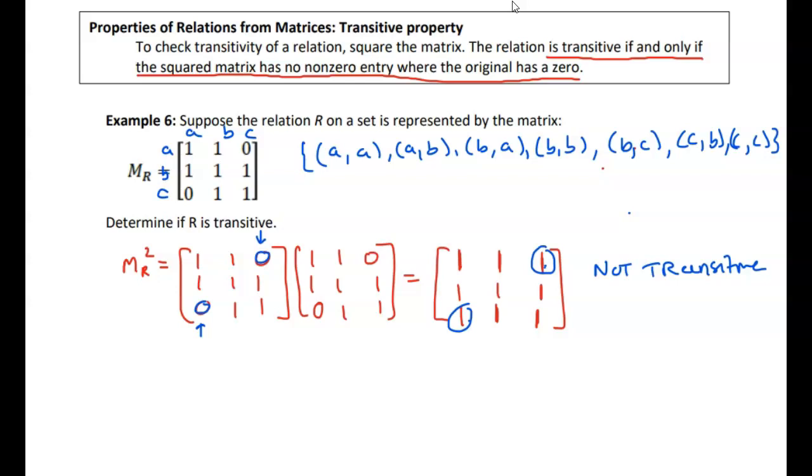If you pair up two relations where they have the same end and beginning, then if it's transitive, the composition of them is going to be in there too. So if we choose AB and BC, then AC would need to be in the relation for this to be transitive, and AC is not in there, so not transitive.